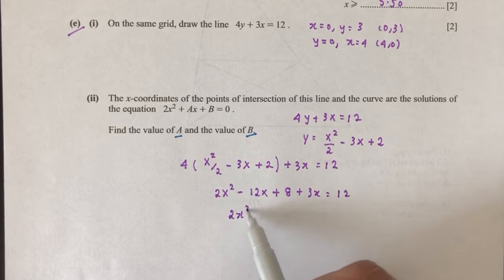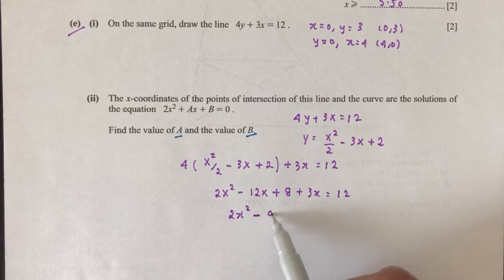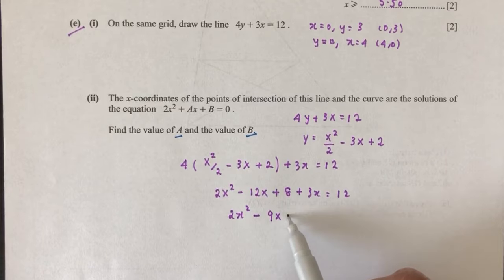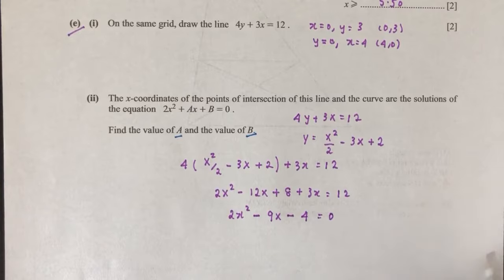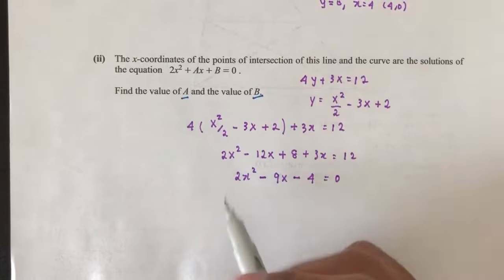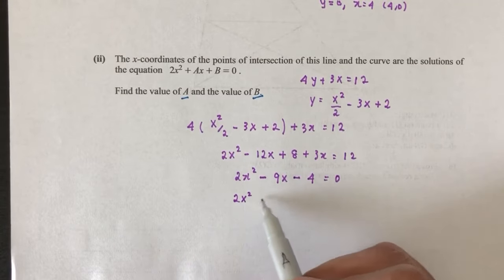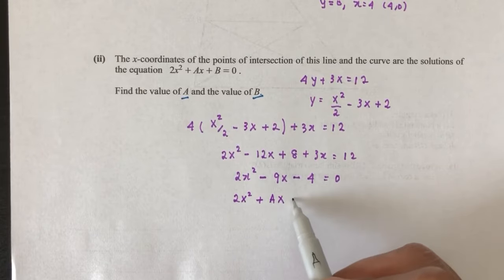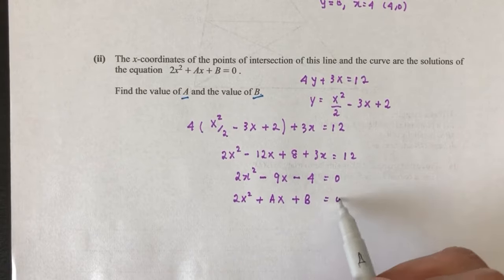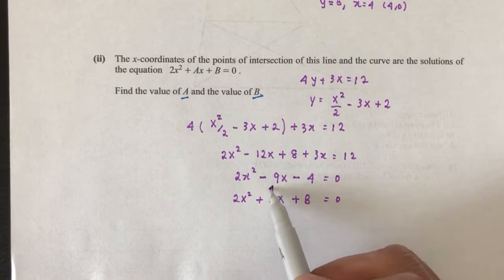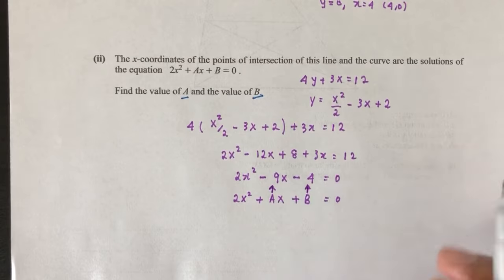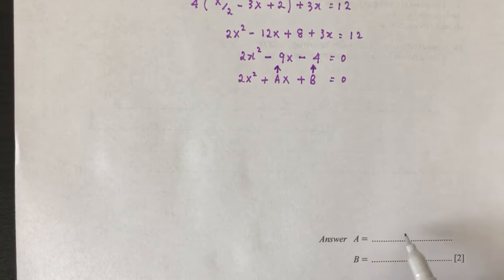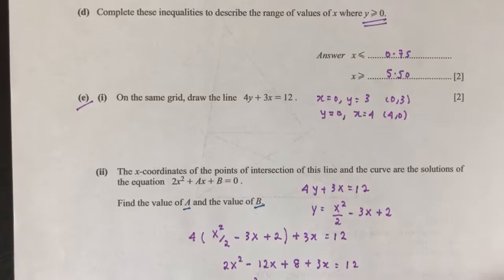So 2x squared minus 9x minus 4 will be equal to 0. So compare this to that, you will have 2x squared plus ax plus b is equal to 0. So the value of a is minus 9, value of b is minus 4. So a will be minus 9 and b is minus 4. And that is question number 6.